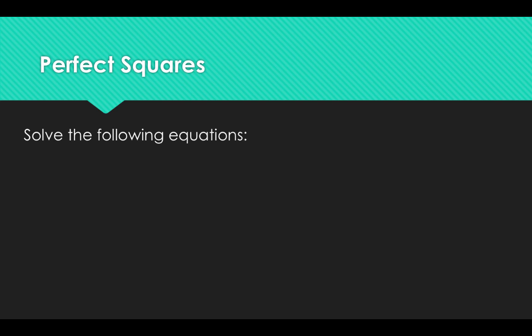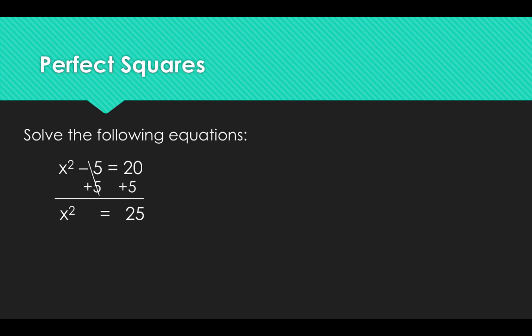So let's practice this just a couple times. Let's go ahead and solve the equation x squared minus 5 equals 20. So the first thing we want to do, we want to isolate that variable. So we need to add that 5 to both sides to get x squared by itself. The minus 5 and plus 5 cancel each other out.